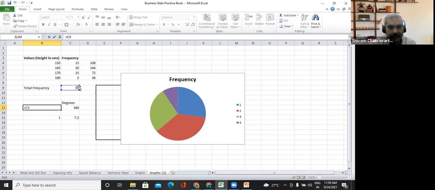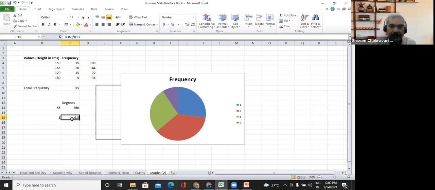Now I have used cell referencing. I have clicked here and clicked at the value I want to refer to. Okay, so now 55 corresponds to 360 degrees. So now 1 will correspond to, here also I can use cell referencing, 6.5. Earlier it was 7.2 degrees.